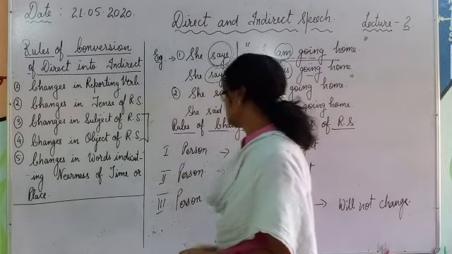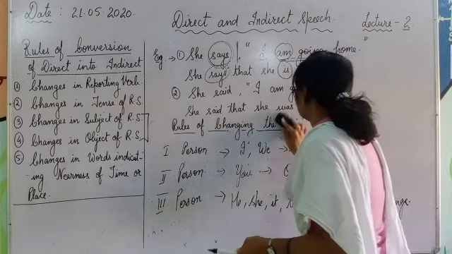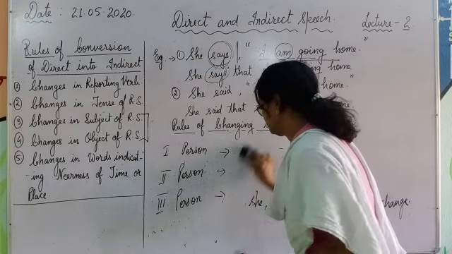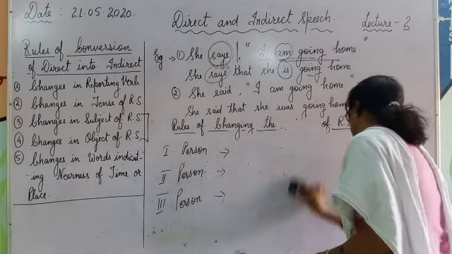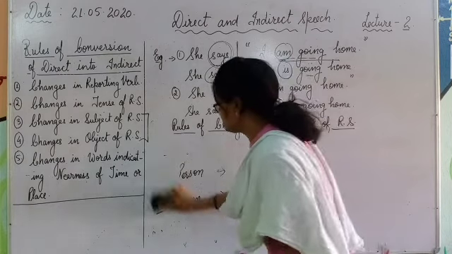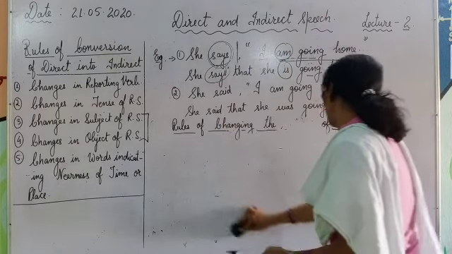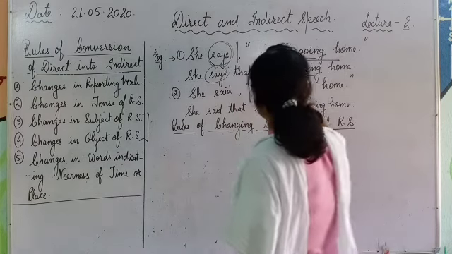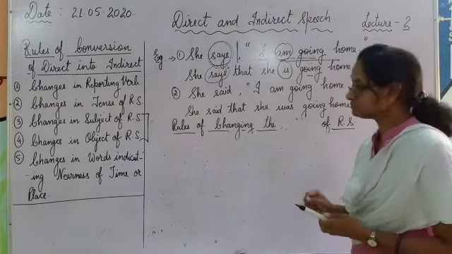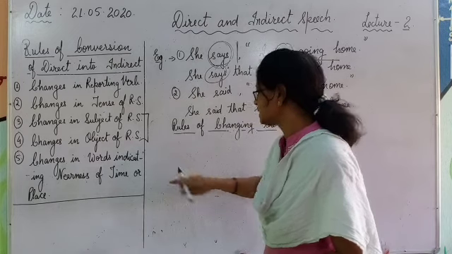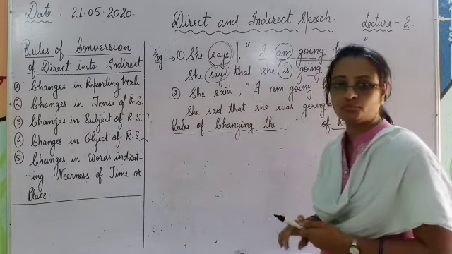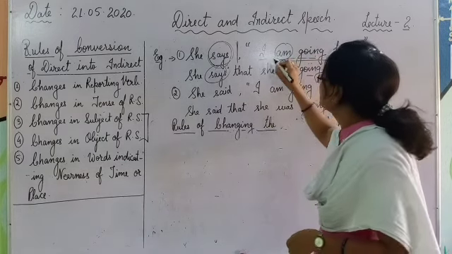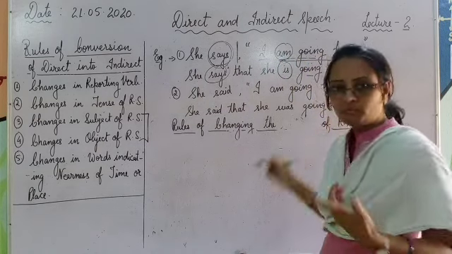Now, object. Let us see the changes in the object of the reporting verb. For example, I give you my book.